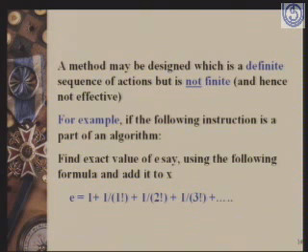This means the process should continue forever. And this is not effective in the sense that no computer system, no human being, no mechanism can carry out the calculation of 1 by n factorial for all n. So such a process is not effective.